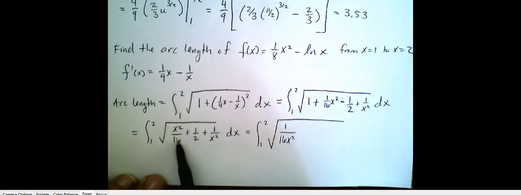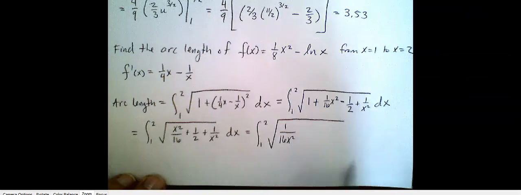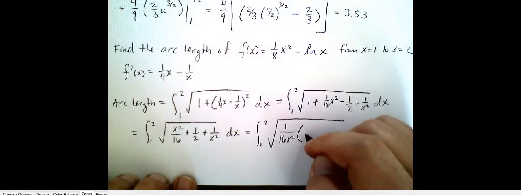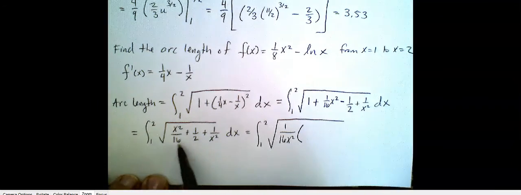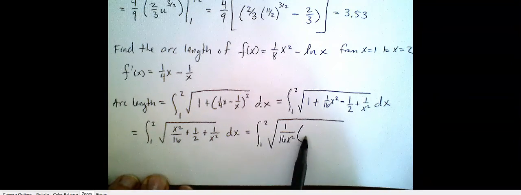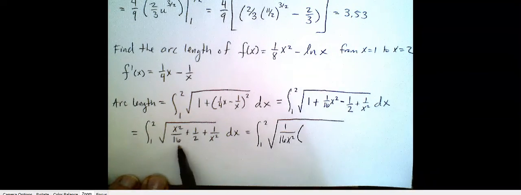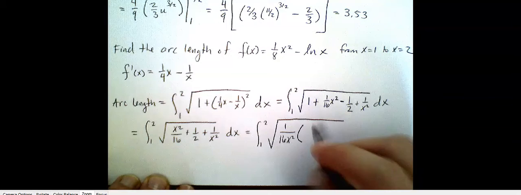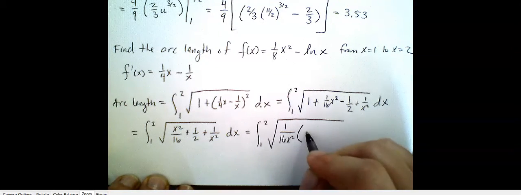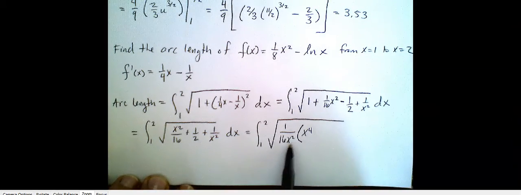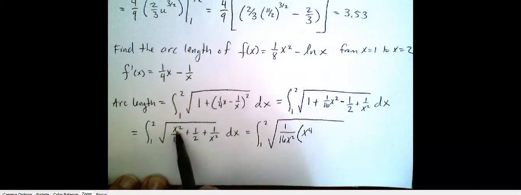It's going to pull off the 16 from here, it's going to pull off the x squared from there, and it's going to create some nice whole number values at the top. So if I take off a 16x squared here, let's think about what I need to multiply back to get x squared over 16. So our 16 is taken care of. We would need x to the 4th here, because x to the 4th over x squared would give us x squared.